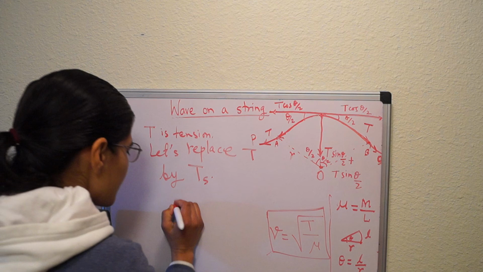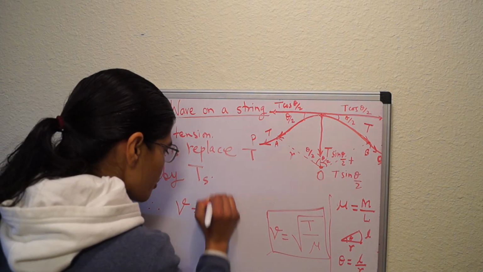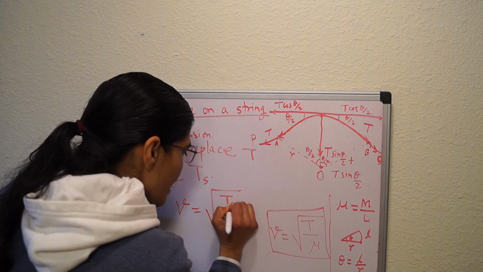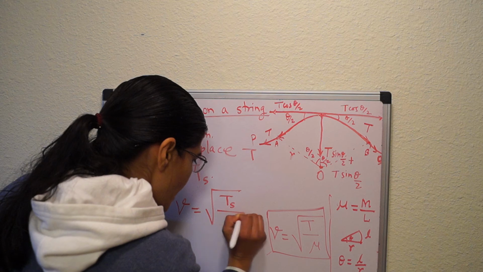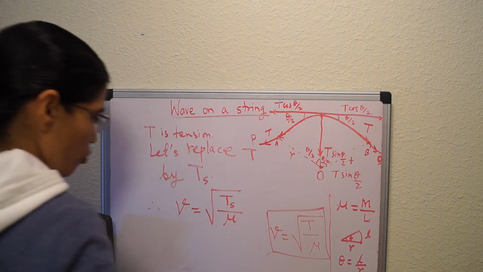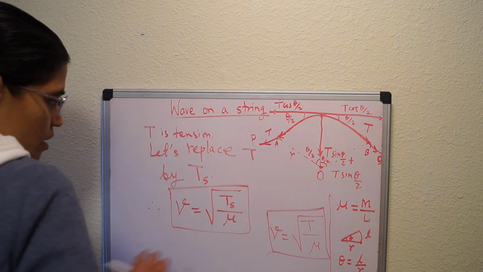So I'm going to write this equation here. Therefore v is equal to square root of t subscript s, tension on the string, divided by linear mass density mu. Okay? Alright guys, so very important.